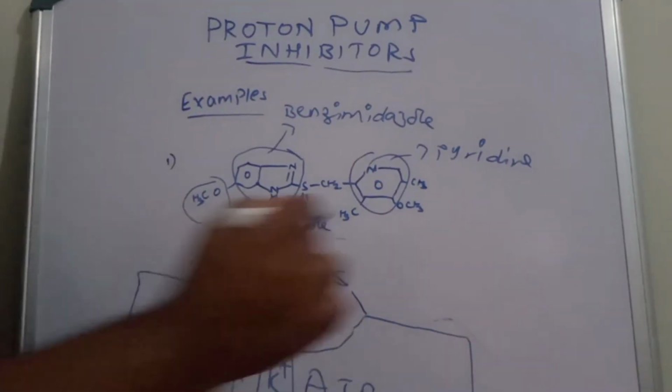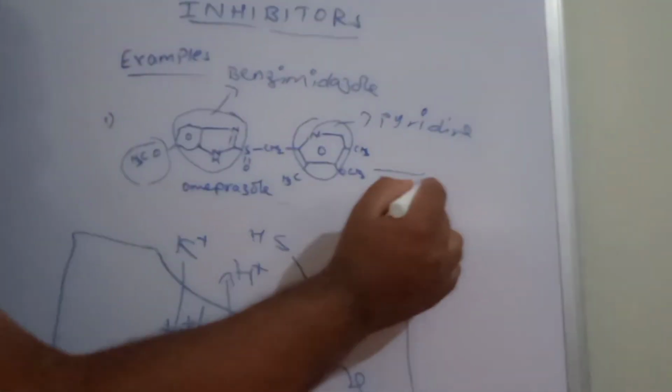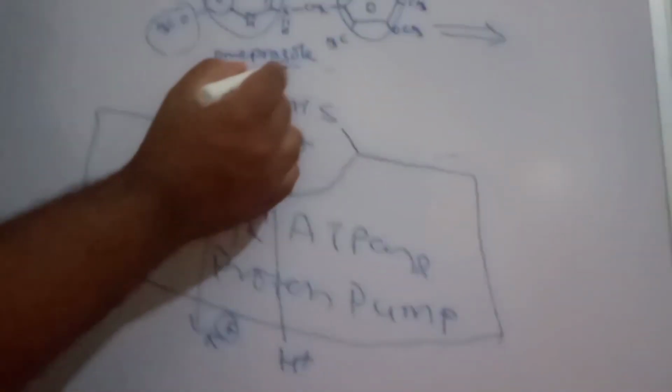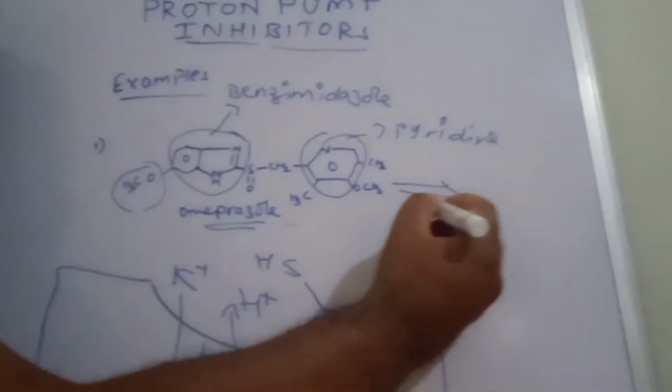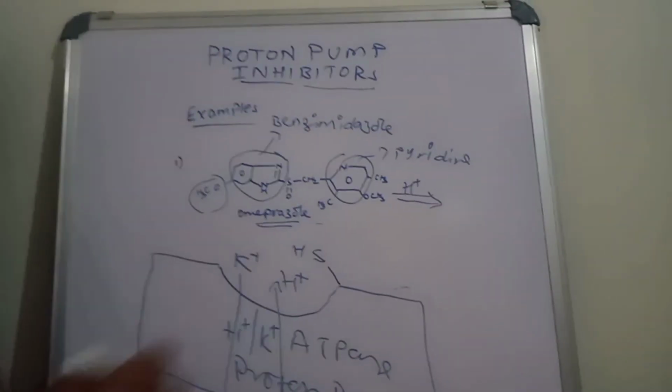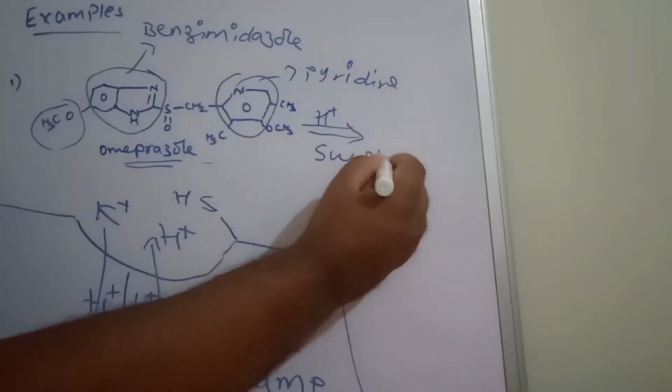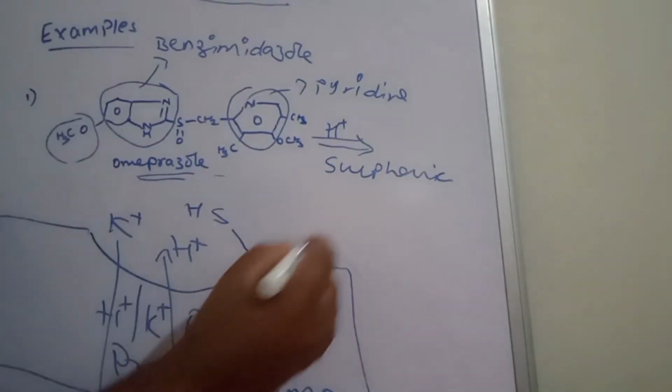Everybody knows omeprazole is taken on an empty stomach. So when you take omeprazole on an empty stomach, in the acidic pH of the stomach, it forms a sulfonic acid.